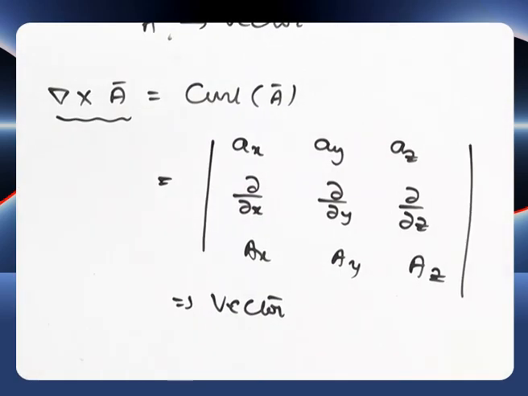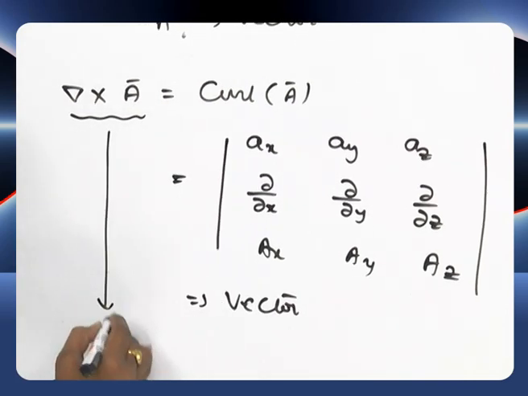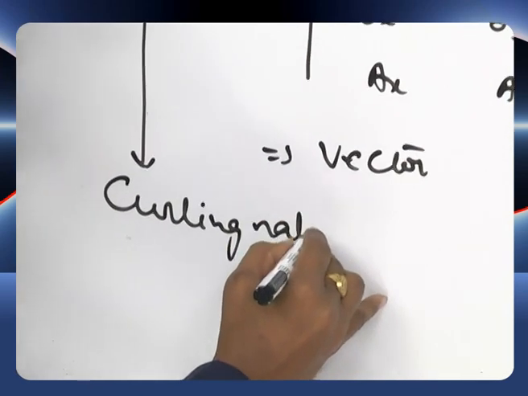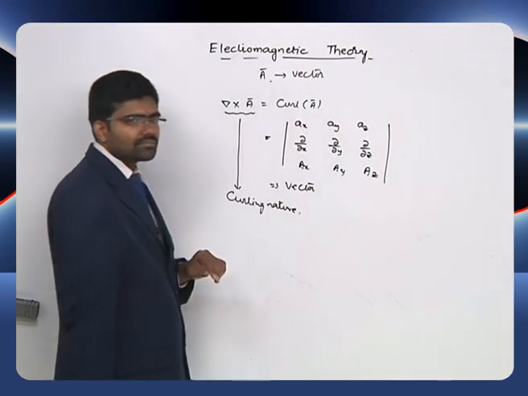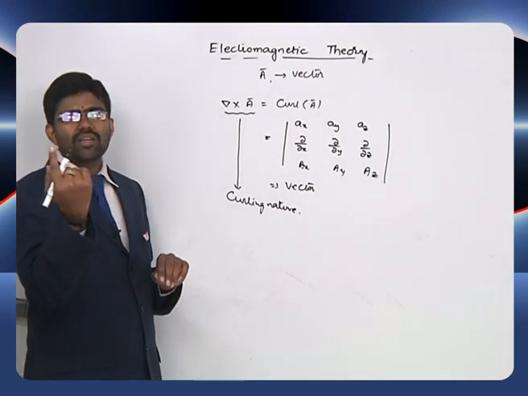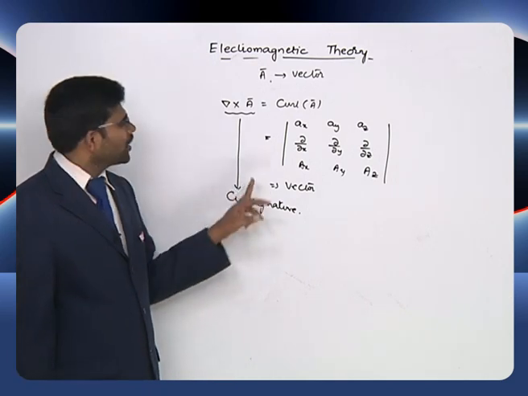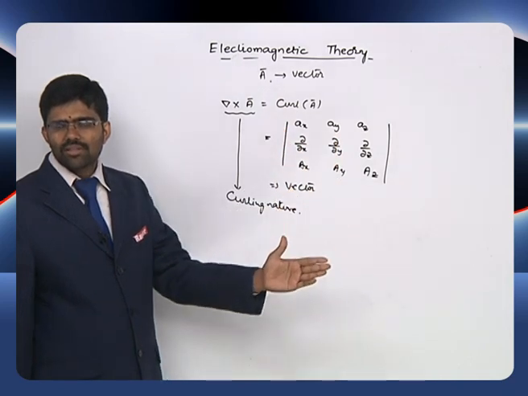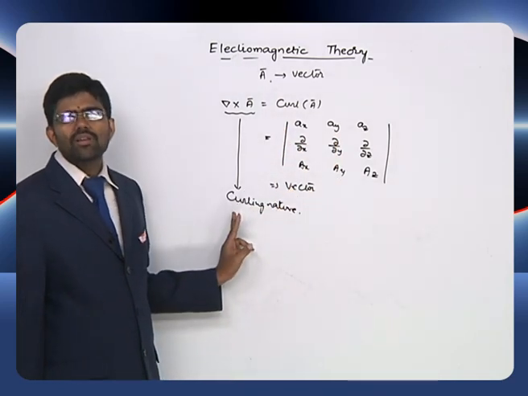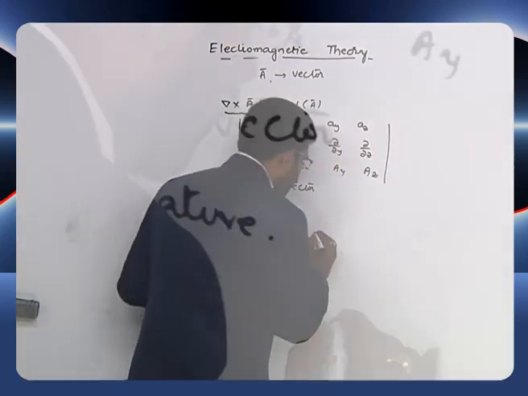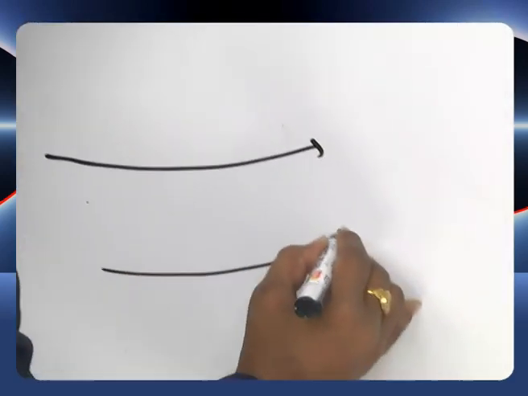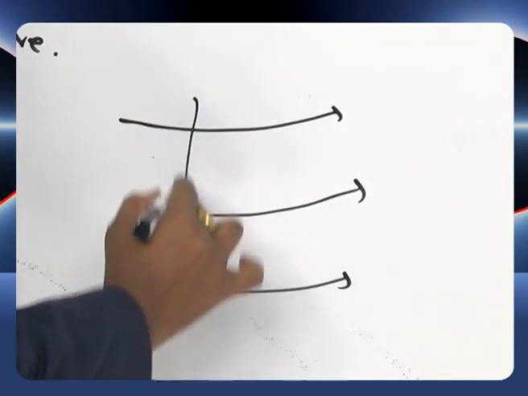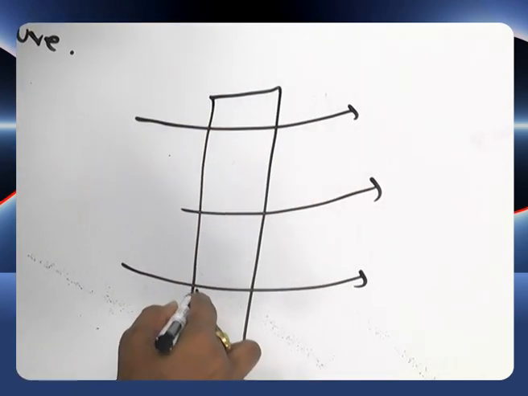The name indicates that curl always gives us curling nature, meaning a rotating nature. Whenever the vector has a rotating feature for the differential surface we are considering, the curl will exist. Let us consider a field like this, and I place a differential area in it.